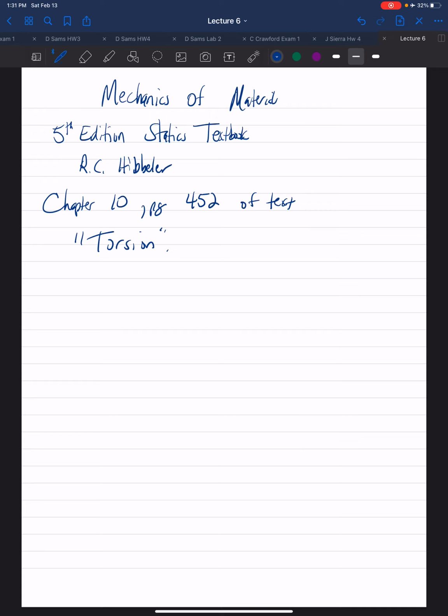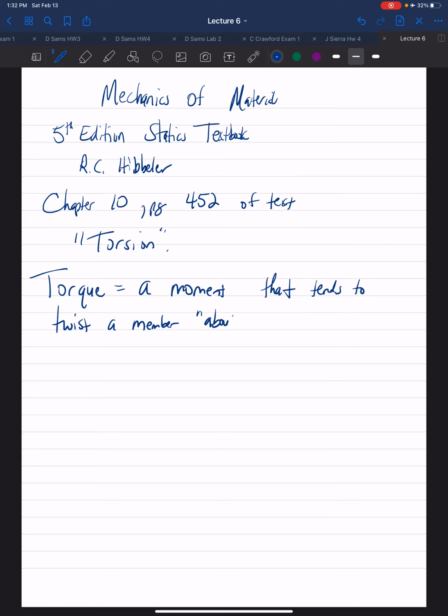So this brings us back to a statics concept of torque. And we define this as a moment that tends to twist a member about its longitudinal axis.